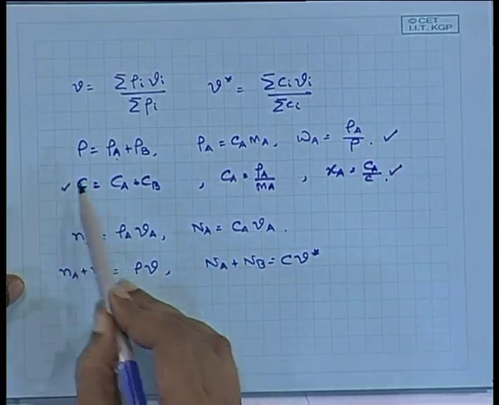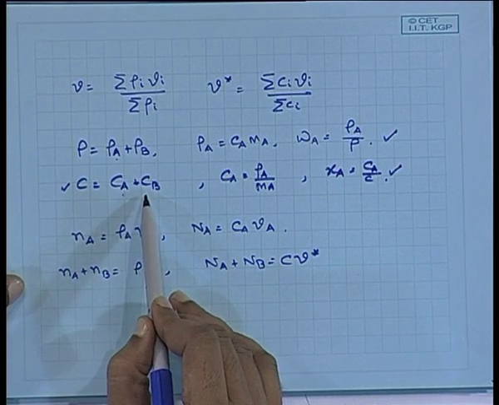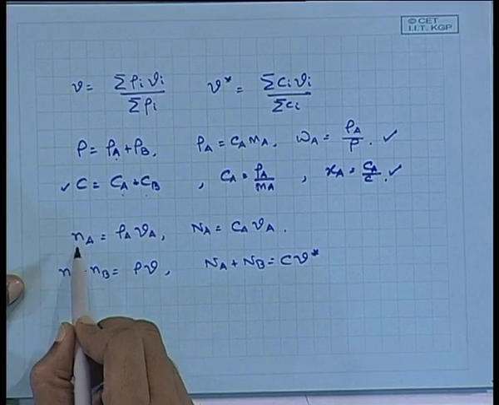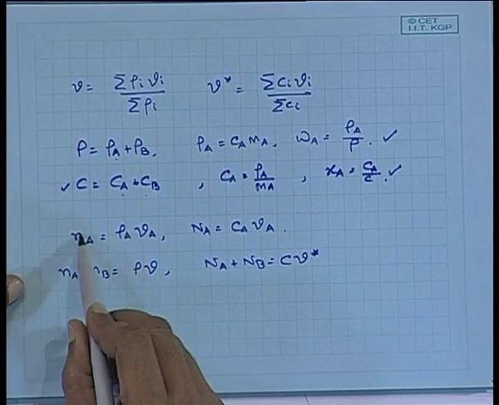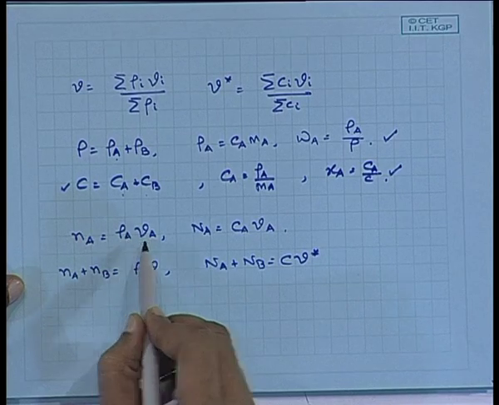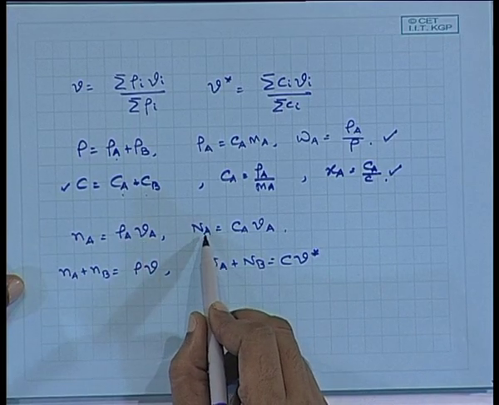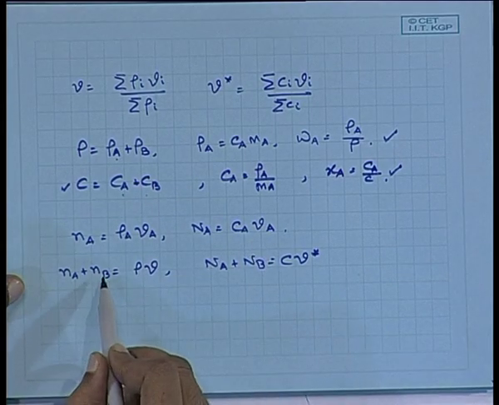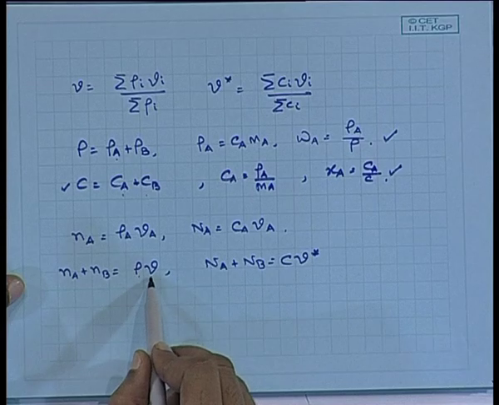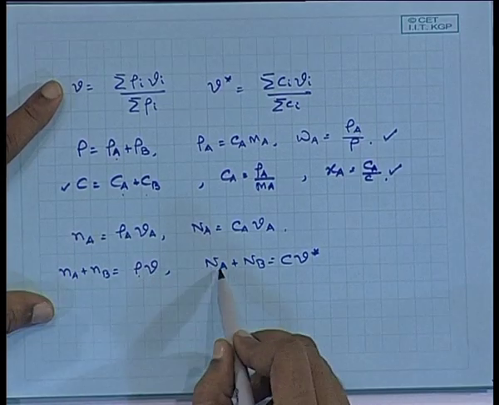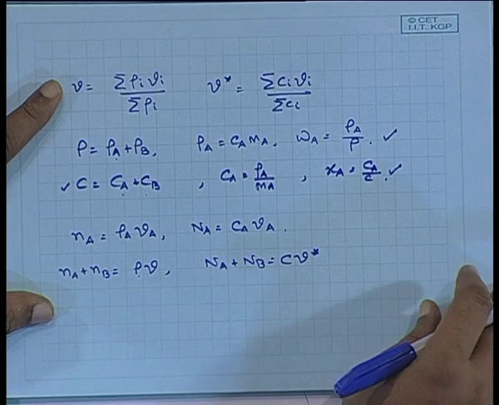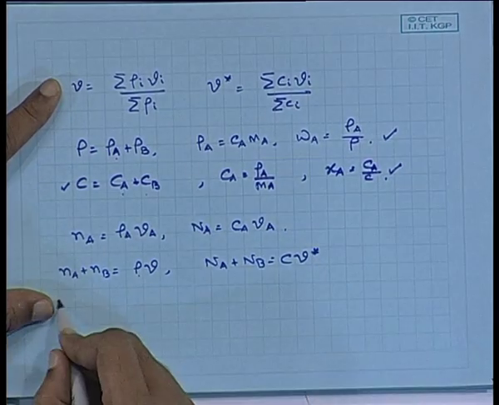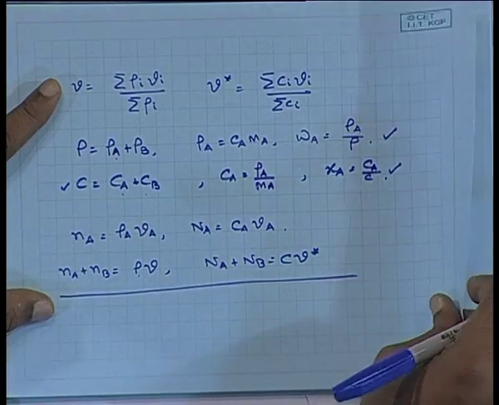The total molar concentration is a sum of the constituent molar concentrations, and the mass flux of component A is rho A times v A. Similarly, the molar flux is C A times v A, and N A plus N B, which is the total mass flux, is simply rho times the mass average velocity, whereas N A plus N B is the concentration times the molar average velocity. So, this is just to recapitulate what we have done so far.